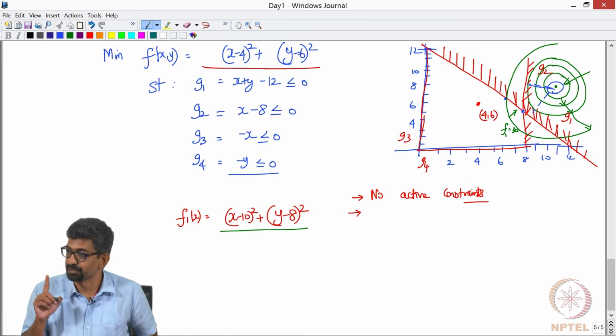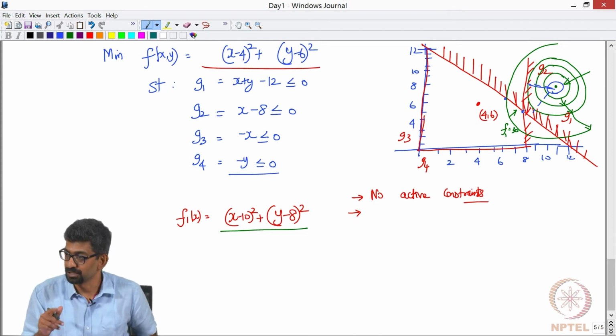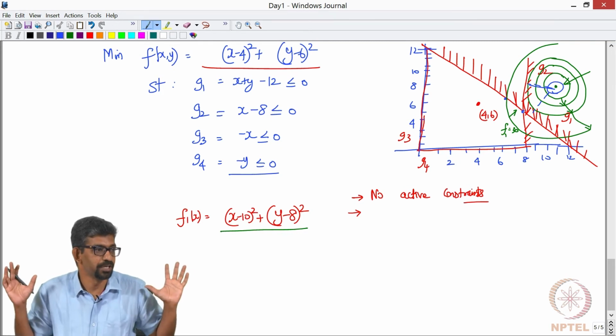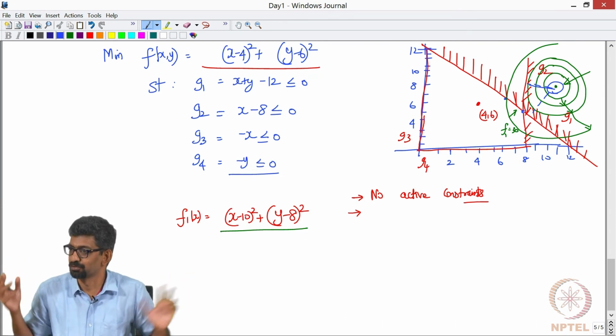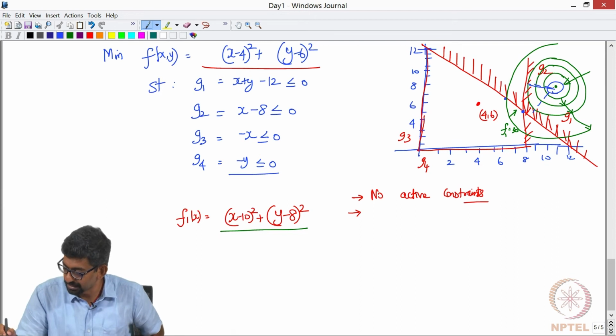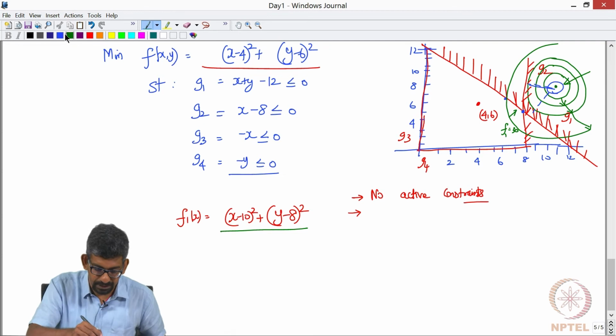There is no need that all your constraints need to be active. That is what the first problem we saw. None of the constraints need to be active, it is still optima, it is just an inactive constraint, that is all. In this particular case, I guess if I had properly drawn, the circle was actually hit somewhere here.